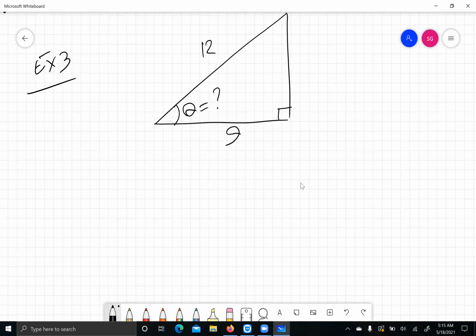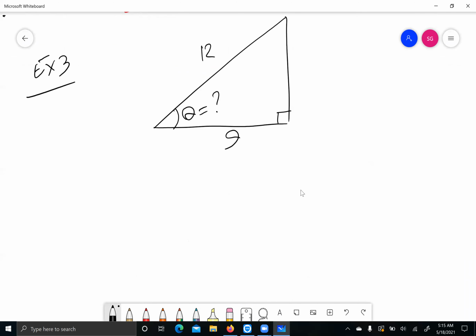Okay, you see, this is a nice geometry question, but now we can use our knowledge in trig in order to solve it. In terms of trig functions, this is the adjacent side to angle theta, and this is the hypotenuse.